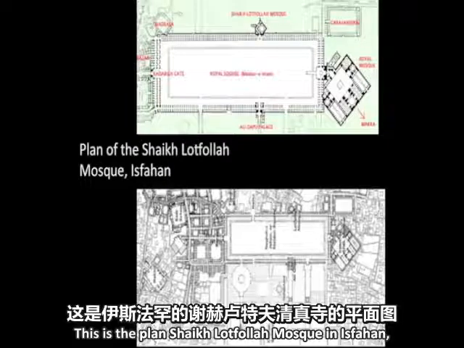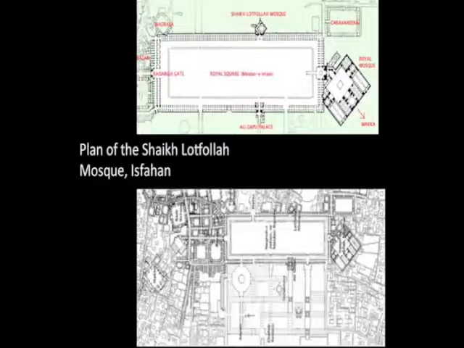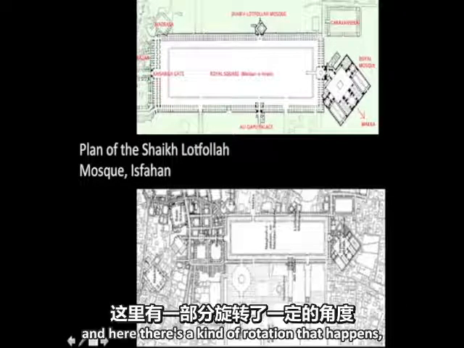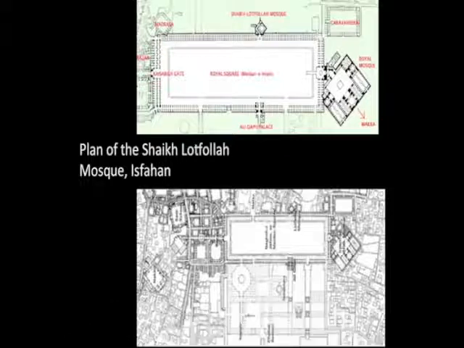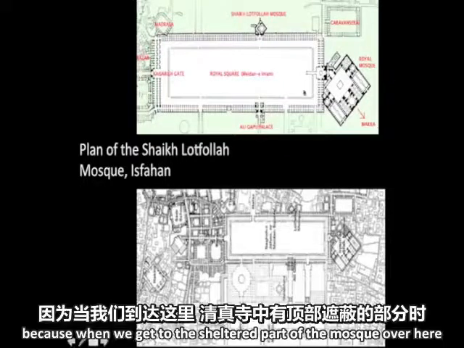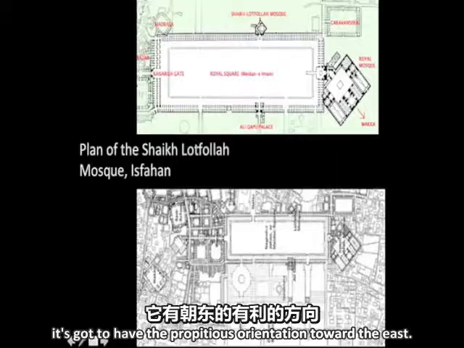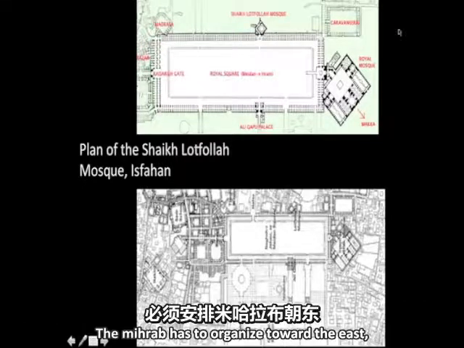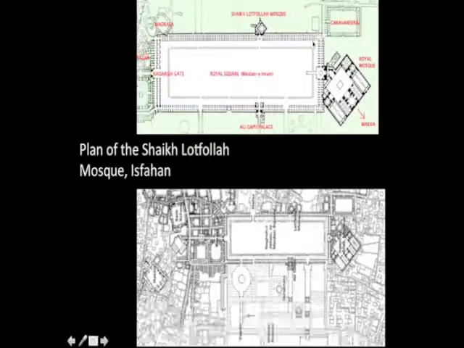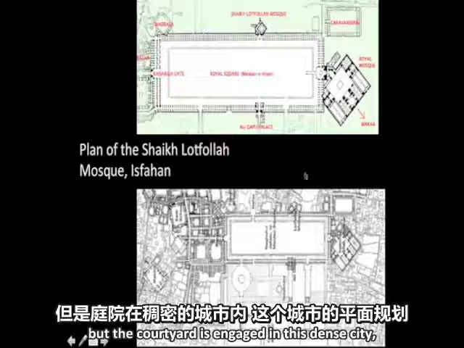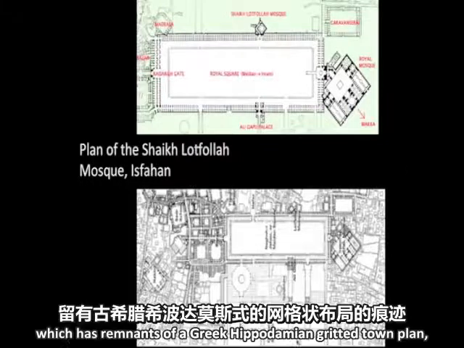You can see little variations on the pieces that you need to get a mosque. This is the plan of the Sheikh Lotfollah Mosque in Isfahan. And here, there's a kind of rotation that happens. Because when we get to the sheltered part of the mosque over here, it's got to have the propitious orientation toward the east. The mihrab has to organize toward the east, but the courtyard is engaged in this dense city, which has remnants of a Greek Hippodamian gridded town plan.